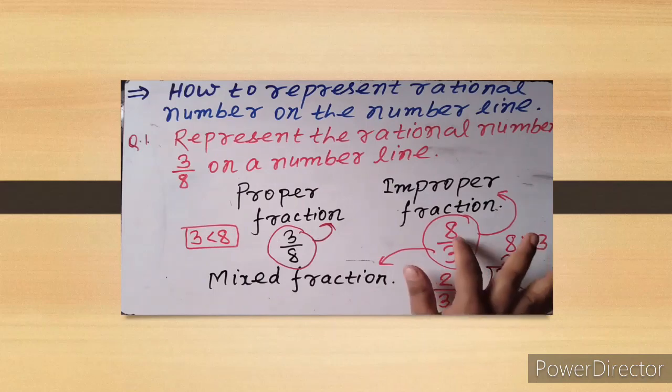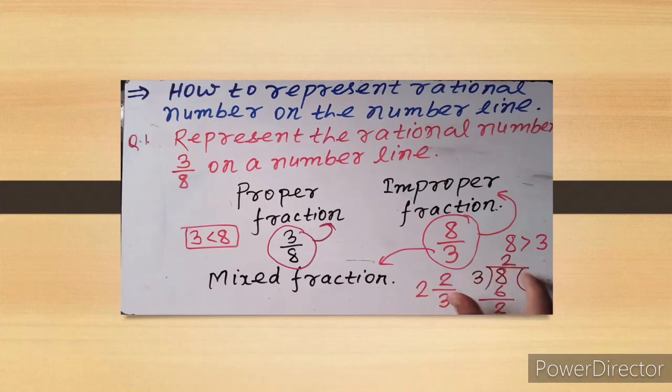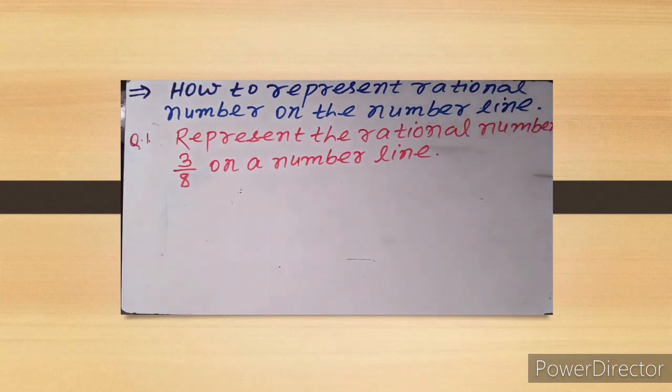How? You can see, you will divide 8 by 3 and you will take 2, this 2, and this 3 over here. Then we have seen the proper fraction, improper fraction and mixed fraction.